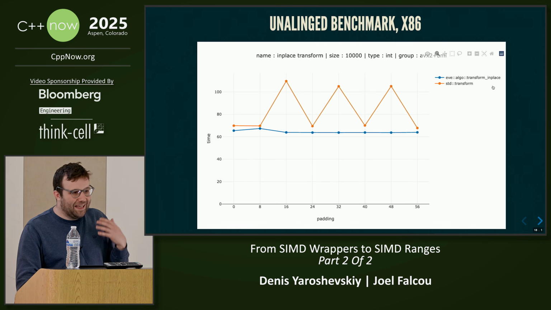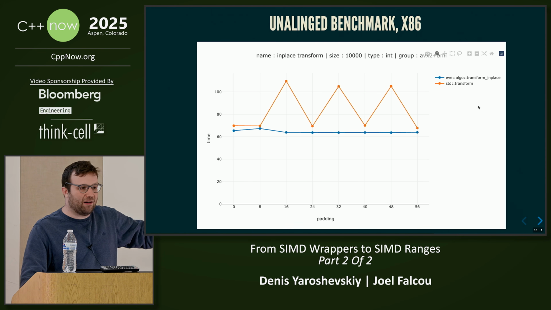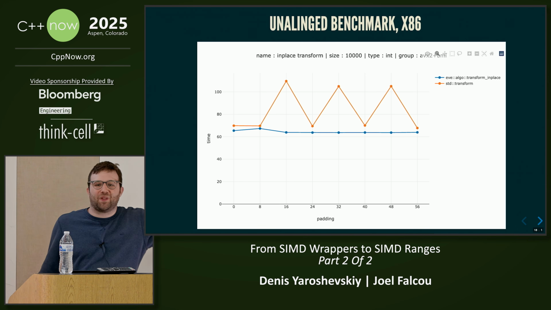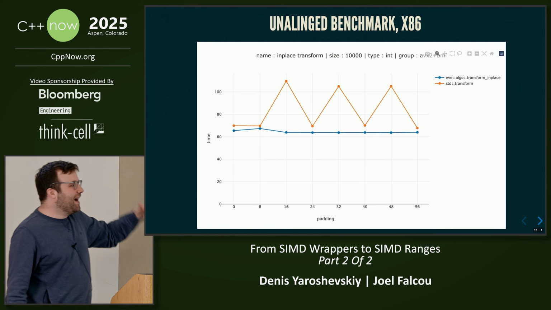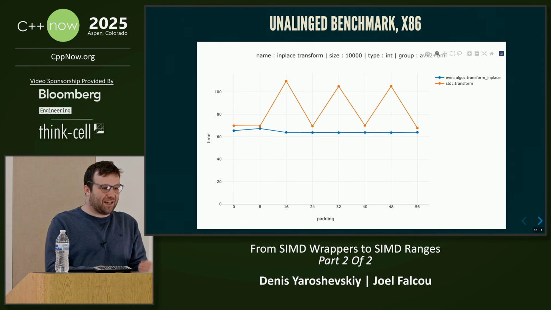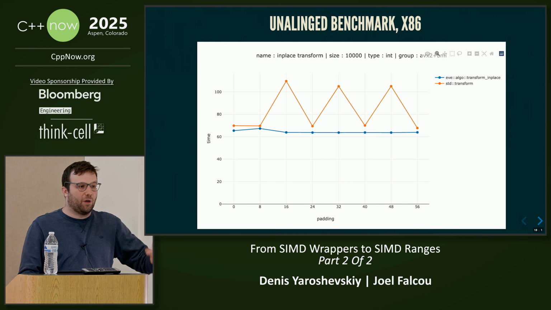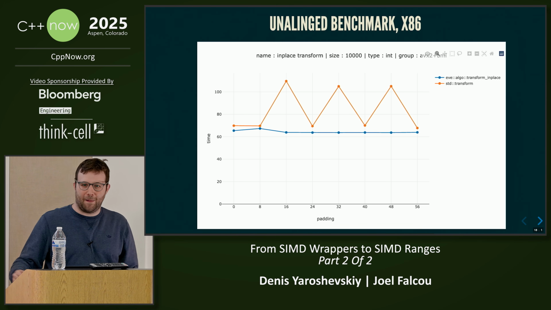What's in x is completely unrelated. But what happens here is that every other time, malloc aligns to 16 bytes. Every other case is either aligned to 32 bytes, and then my loads are aligned, or it's aligned to 16 bytes, and then my loads are not aligned.